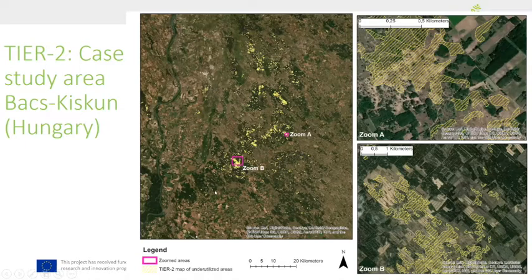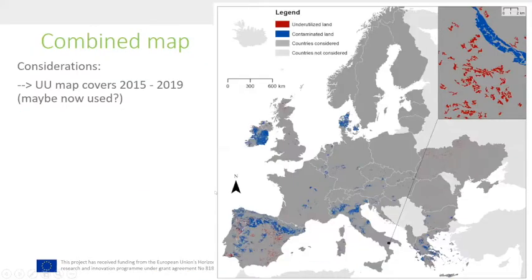Now this is the whole map of Europe, and I also want to say some considerations with this map. The first is, as I said before, that with this map we have covered the 2015, or 2014 actually, to 2019 period. So that means, of course, these areas can change year by year.